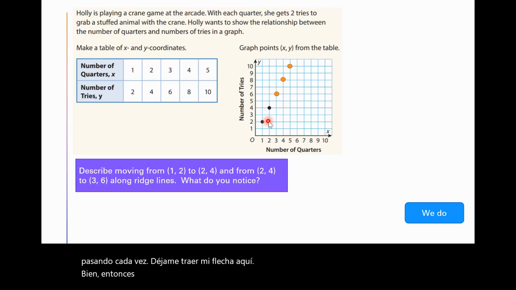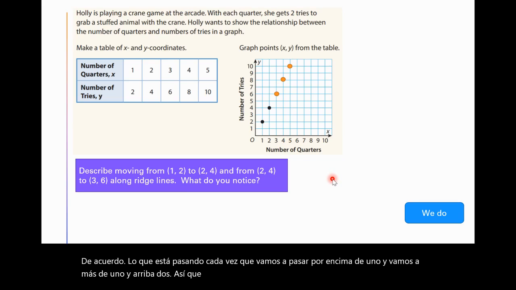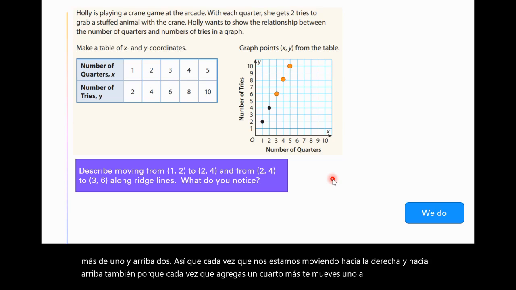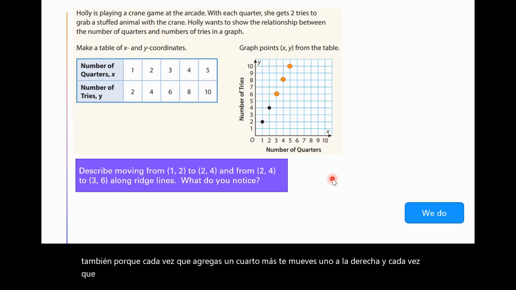We're going over 1 and we're going up 2. Over 1 and up 2. So each time we are moving over to the right and up 2. Because every time you add 1 more quarter, you move 1 to the right. And every time you add 1 quarter, you get 2 tries, and so you go 2 up.